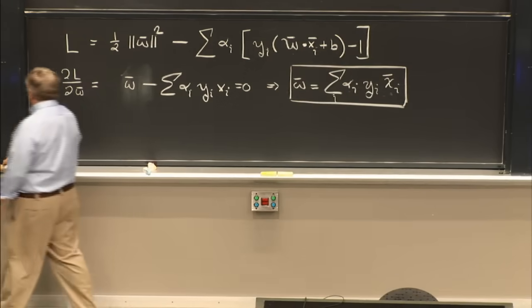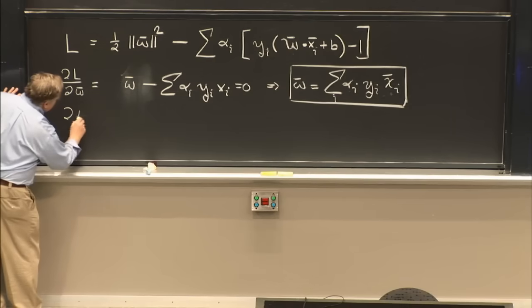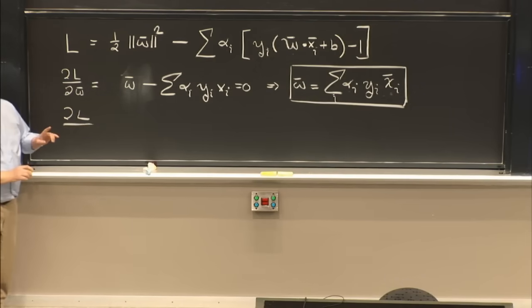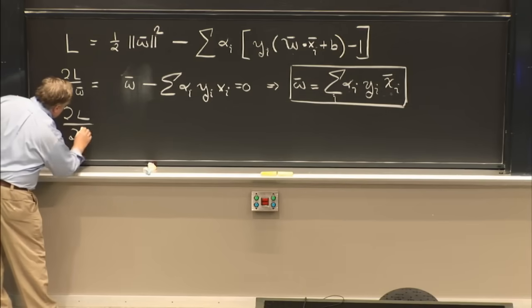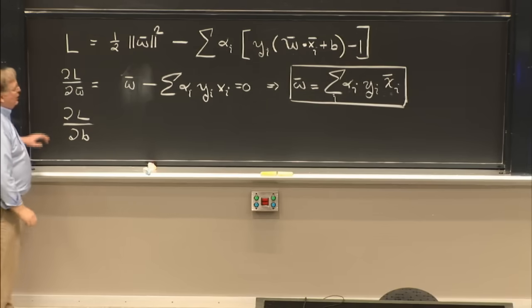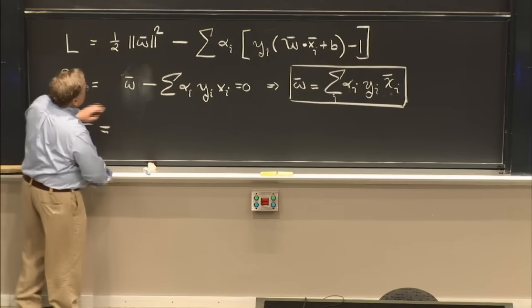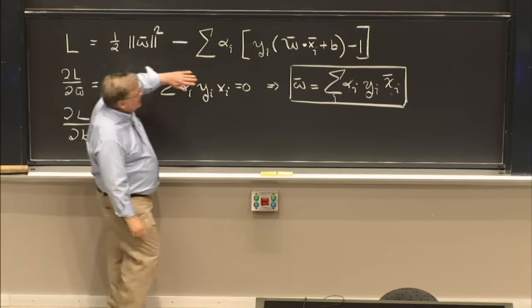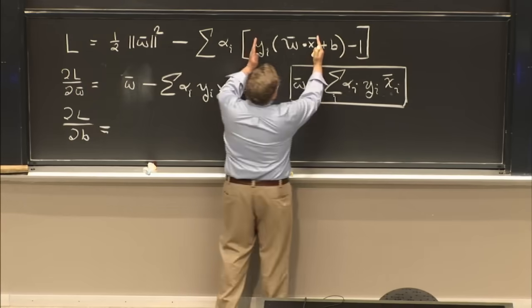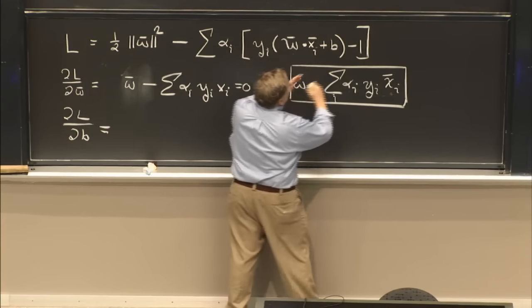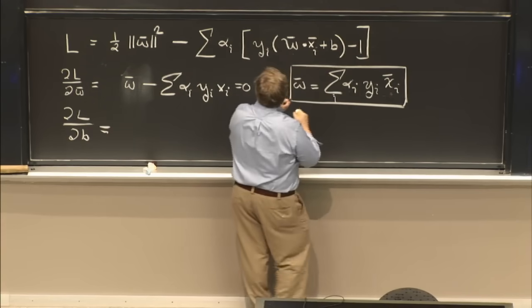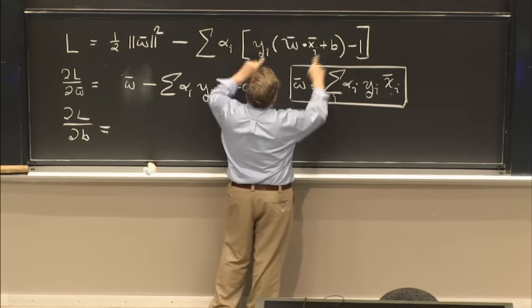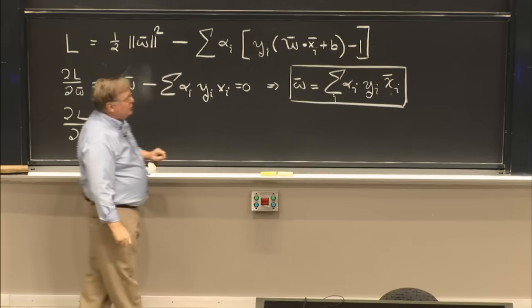Now, of course, we've got to differentiate L with respect to anything else that might vary. So we've got to differentiate L with respect to B as well. So what's that going to be equal to? Well, there's no B in here, so that makes no contribution. This part here doesn't have a B in it, so that makes no contribution. There's no B over here, so that makes no contribution. So we've got alpha I times Y sub I times B. That has a contribution.